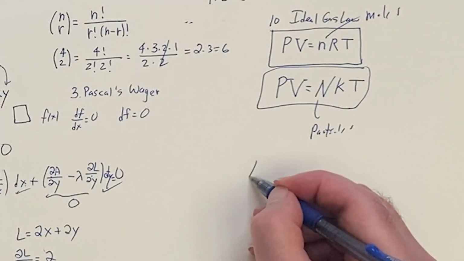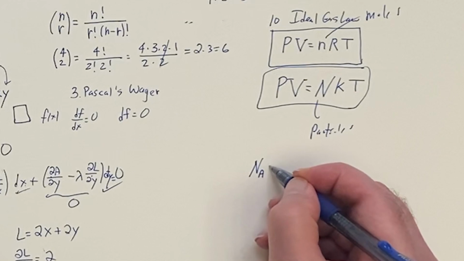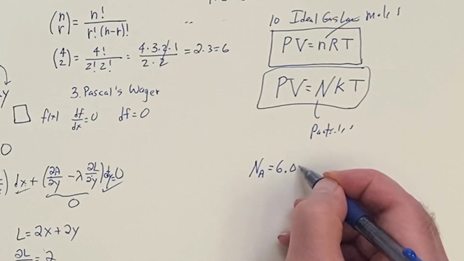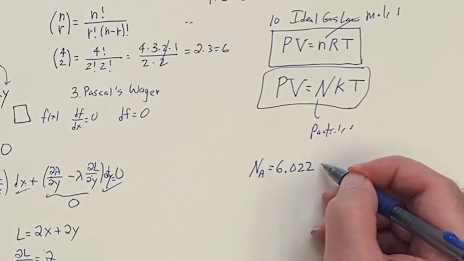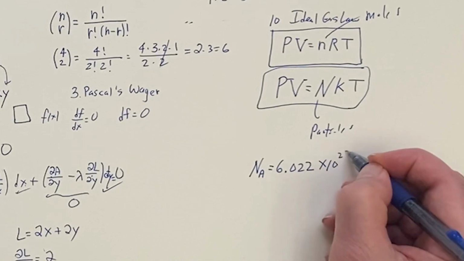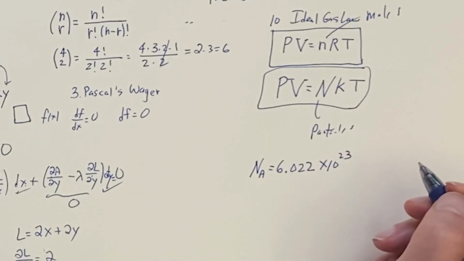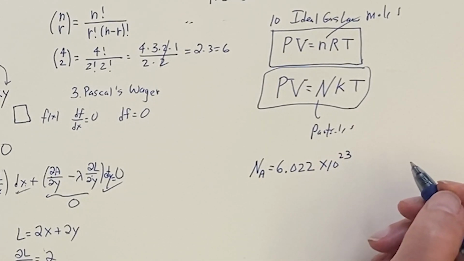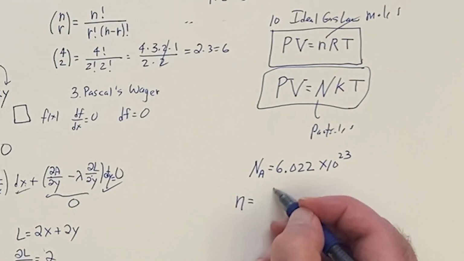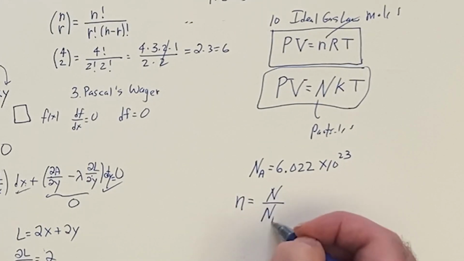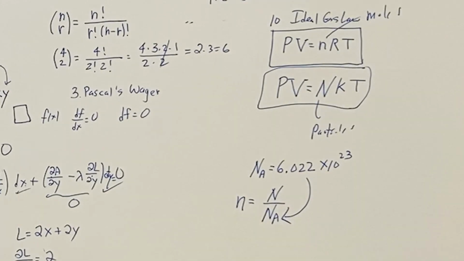The way moles work is if you have Avogadro's number of particles, 6.022 times 10 to the 23rd, you have a mole. So the number of moles is the number of particles divided by Avogadro's number. Okay.